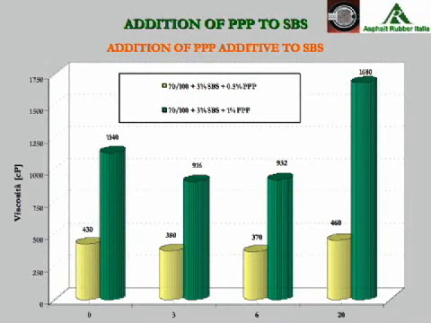Then we decided to see, okay, this is what happened with rubber, and what if I added this kind of additive to SBS? And we had pretty much the same results. So we have an increase of viscosity with the addition of polyphosphoric acid, increasing the percentage of SBS.